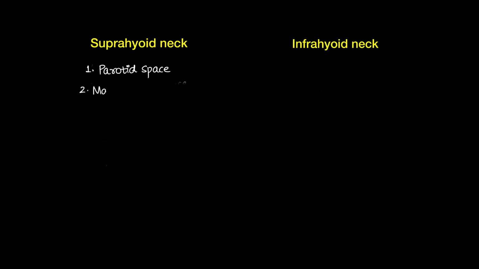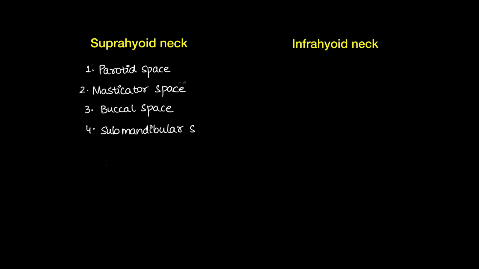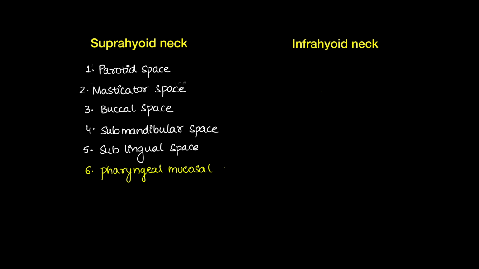In suprahyoid neck we have parotid space, masticator space, buccal space, submandibular space, sublingual space, and there are some spaces which are continuous throughout suprahyoid and infrahyoid neck.